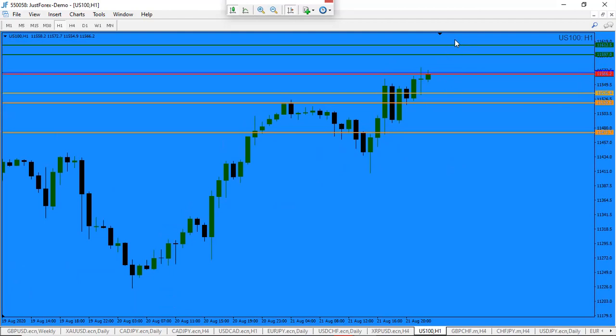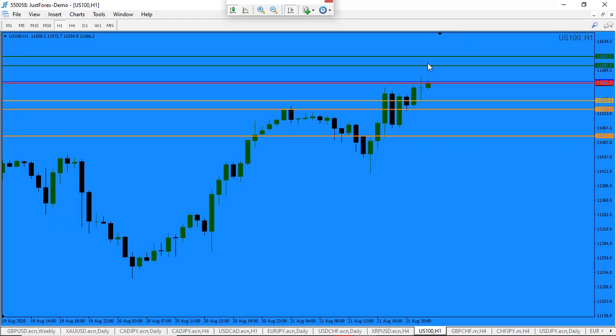Do not be greedy, because what can happen is it can come test this level. Let's assume that you didn't put a take profit level here. It can come and retest and go back to this point. So each and every time you must put your take profit level, and you also have to put a stop loss in order for you to be safe.